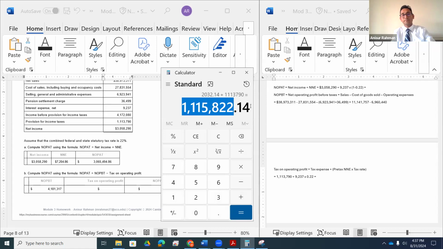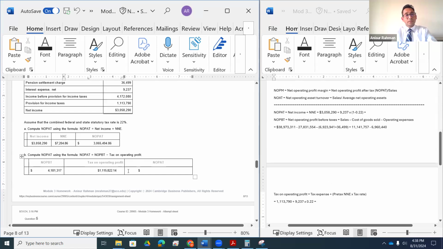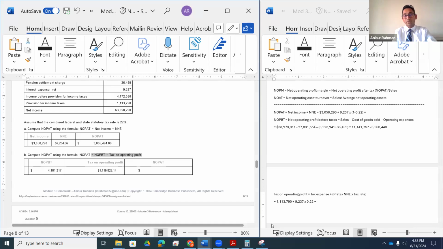So this is correct. 0.22. Now we have to use this formula, NOPBT minus tax on operating profit.